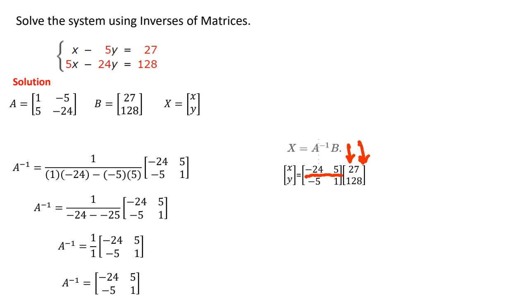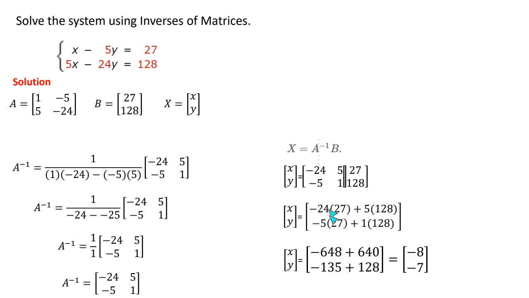So we're going to have negative 24 times 27 and 5 times 128. Okay, so negative 24 times 27, 5 times 128. And then we go to the second row, negative 5 times 27 and 1 times 128. If we do the multiplication here, then we end up with negative 8 and negative 7.